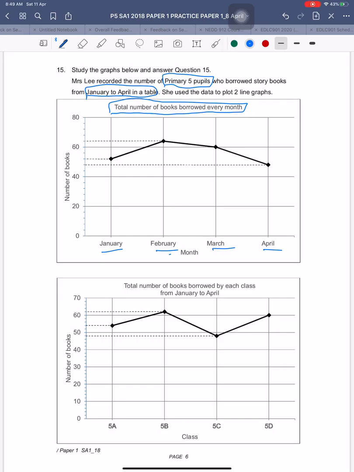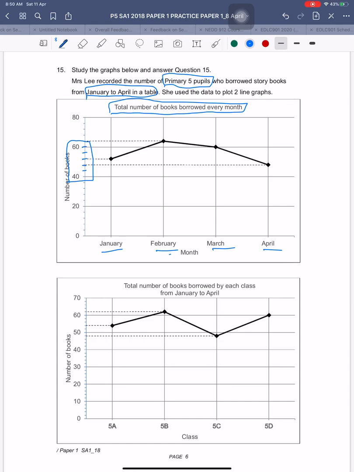So next, you need to make sense of the numbers. If you just focus on this, 40 to 60, you need to see how many markings are there. So it's 1, 2, 3, 4, 5. There are 5 markings.